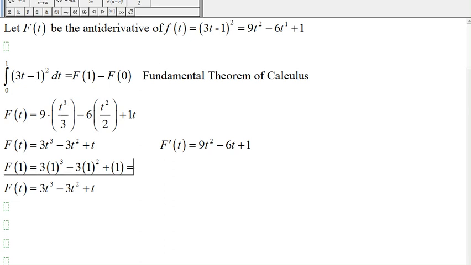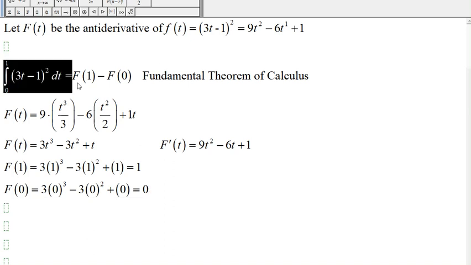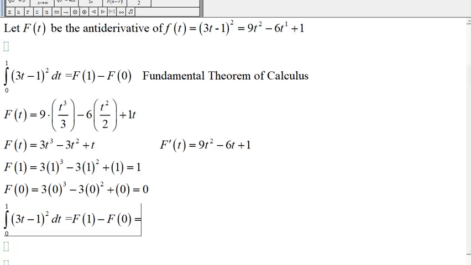And so this comes out to be 1, and then we need to evaluate it at 0. And this will be 0. And so the definite integral will be 1 minus 0, which is 1.